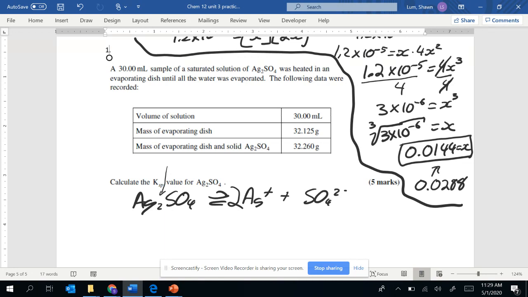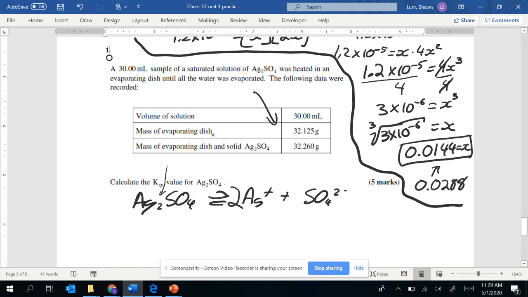Now, all this data is just a really long way of making us find out the concentration of all this stuff. So first off, let's find out how many grams there are.